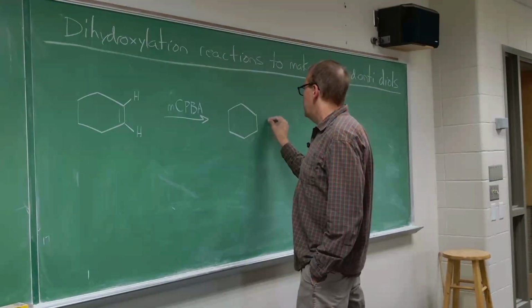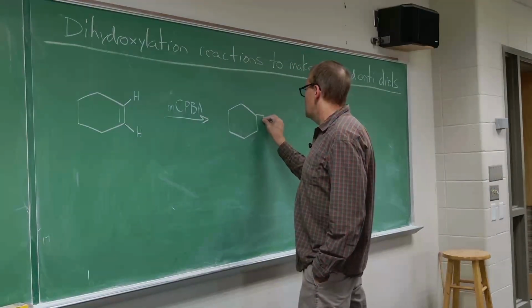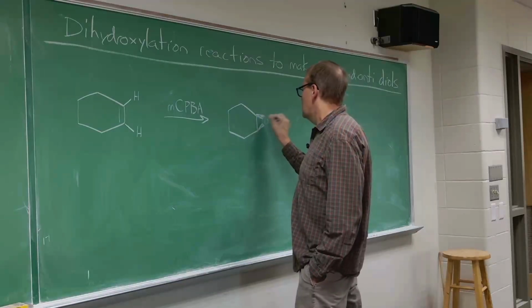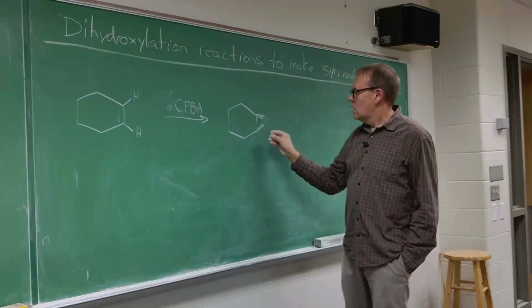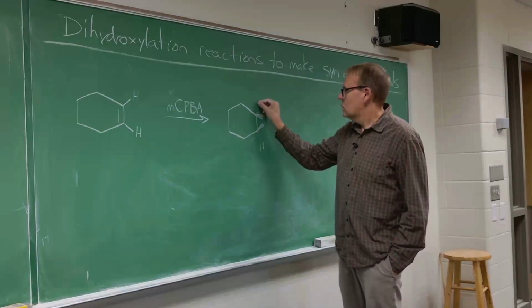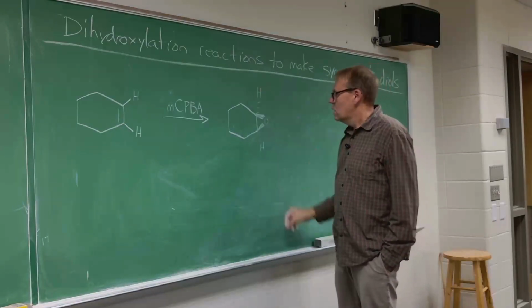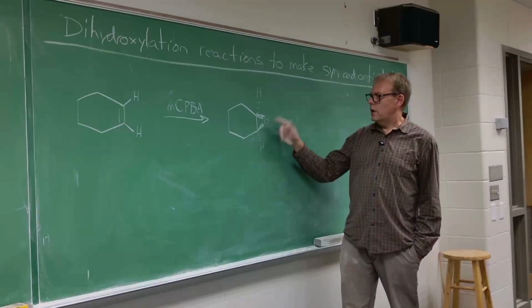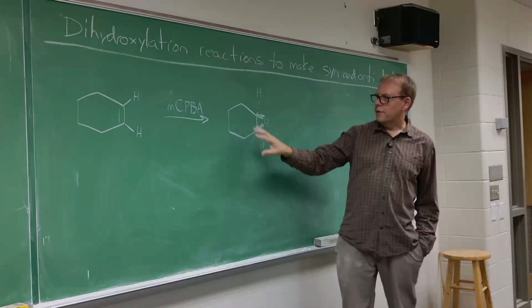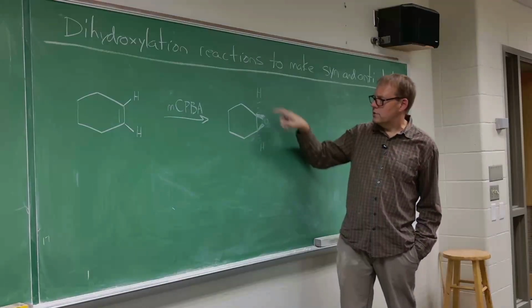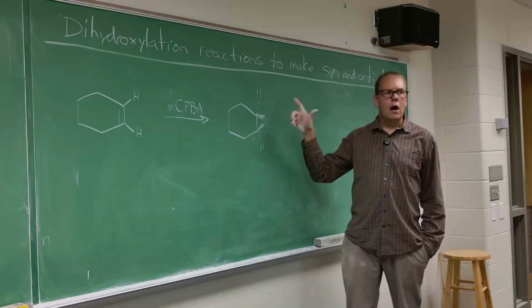And the epoxide can be drawn like this. So what I've done here is to put the oxygen poking out of the plane. I've got the 6-membered ring in the plane. I have the 2 H's on dashes, and I have the O on a wedge bond.